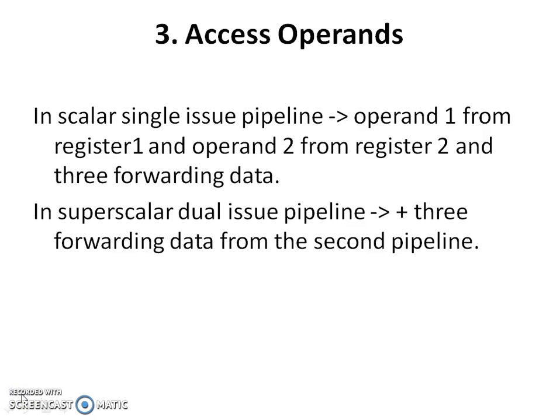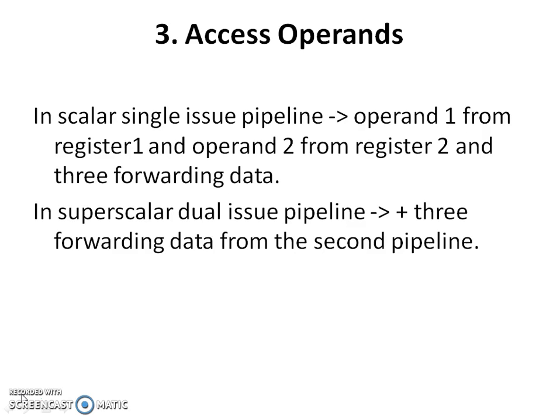Access operands. Generally, in the scalar single-issue pipeline, operand 1 for the arithmetic logic unit is chosen from register 1 and the 3 forwarding data, and operand 2 is chosen from register 2 and the respective 3 forwarding data of the single-issue pipeline.